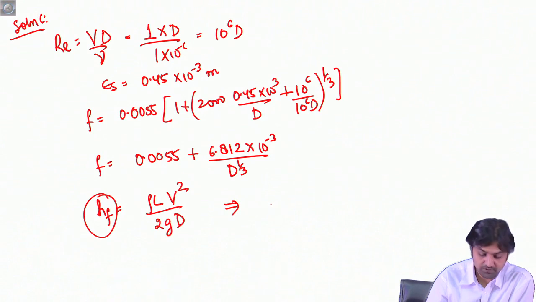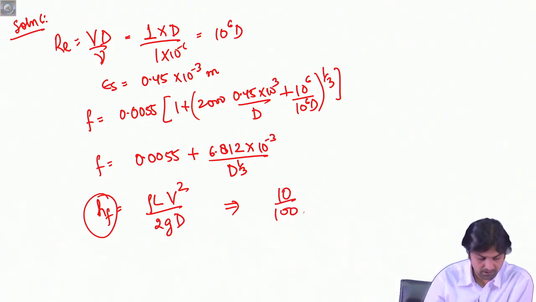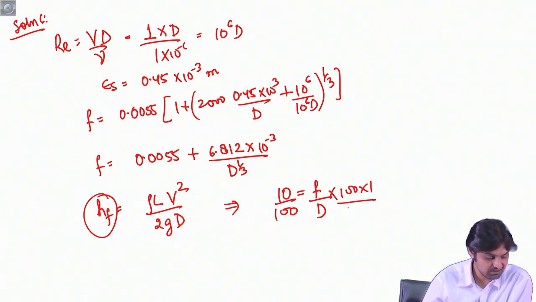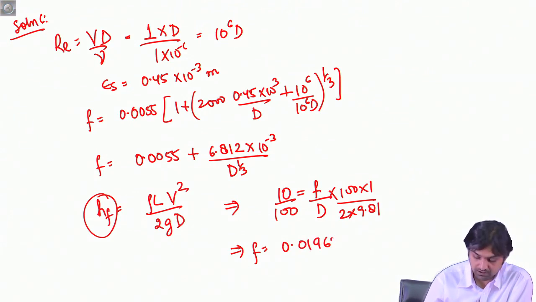So head loss has been given. So we can write 10 by 100 is equal to f by d into 100 into 1 divided by 2 times 9.81. This will give us f is equal to, in terms of d, 0.01962 d.